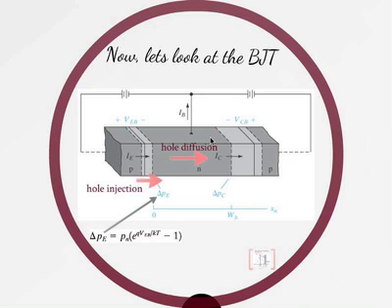So we know from before that when you have a forward biased p-n junction, the concentration of the majority carriers on the other side, the excess hole concentration as a function of position, will be very high right at the interface because of the hole injection.